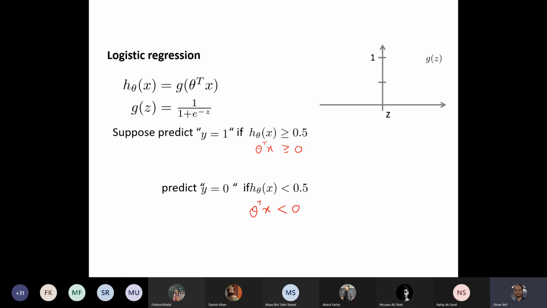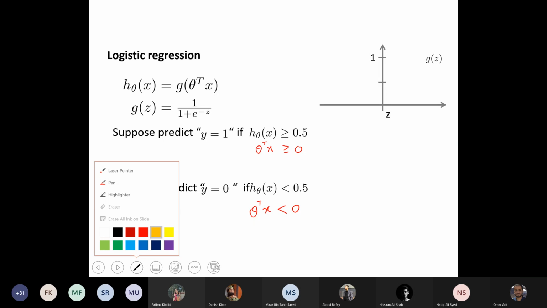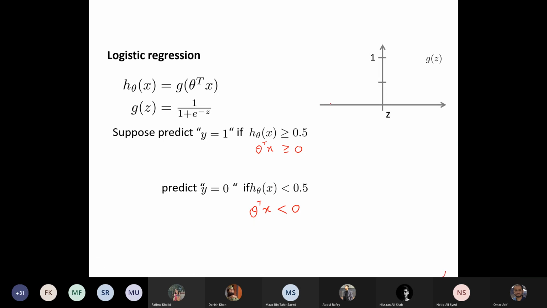Okay, so this is the output, the shape of the output, right? So when is h of x equal to 0.5?